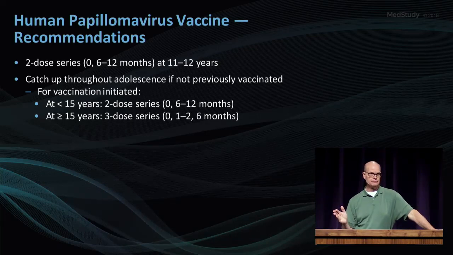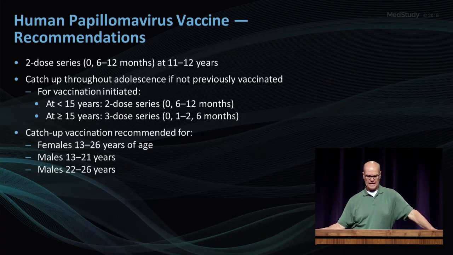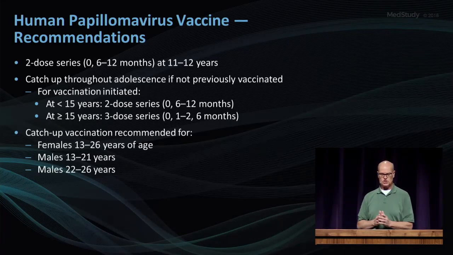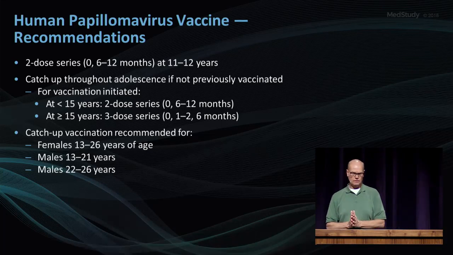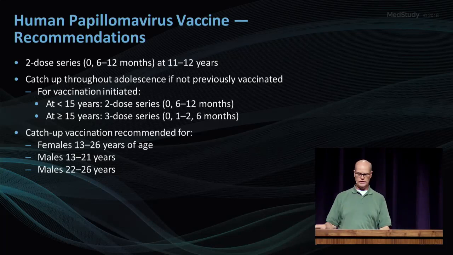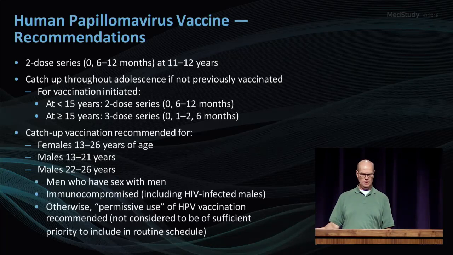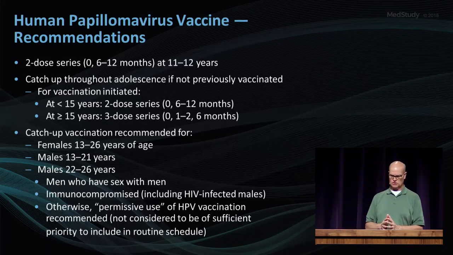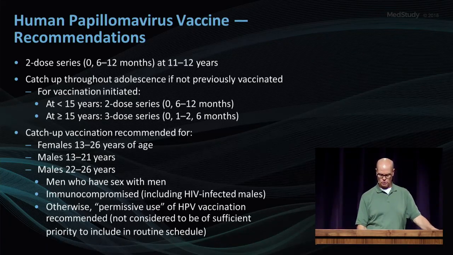So Tdap, HPV, MCV is the 11 to 12-year-old group of shots. Catch-up vaccination, again, recommendations are a little bit different for women as compared to men. And in this case, the 22 to 26-year-old male age group, more selective immunization with the HPV vaccine like we talked about earlier.